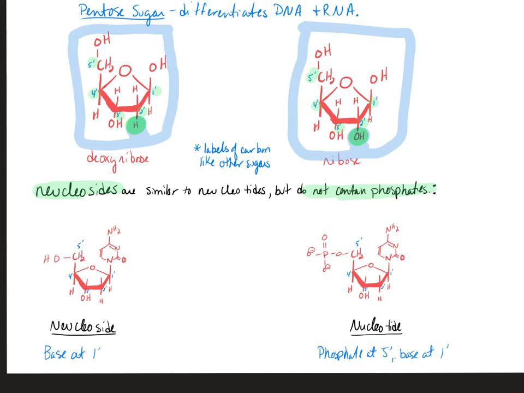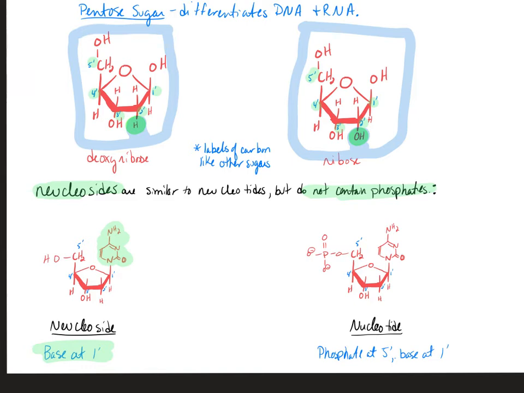So a nucleoside has a base at the 1' position. So it doesn't have to be the specific one. It could be any of those nitrogen-containing bases that we talked about there. So A, G, T, U, or C, any of those would be fine. And so this is what a nucleoside looks like.